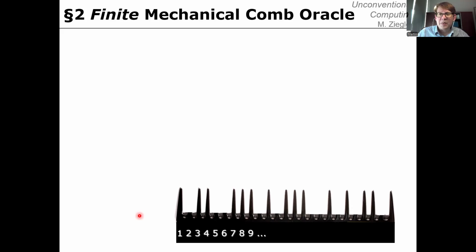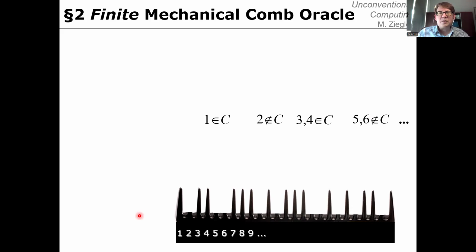No, only 2 has been removed. 3 and 4 are still present. 5 and 6 are absent. 7, 8, 9 are present. 10 is absent, and so on. Or in mathematical terminology, 1 is an element of that comb, 2 is not, 3 and 4 are, 5 and 6 are not, and so on.